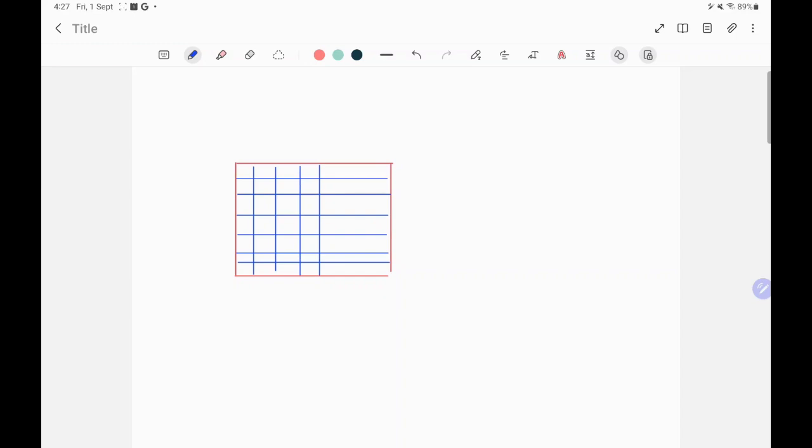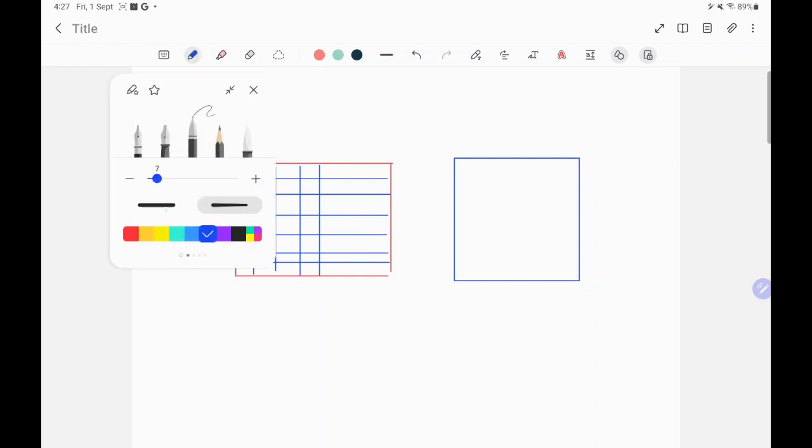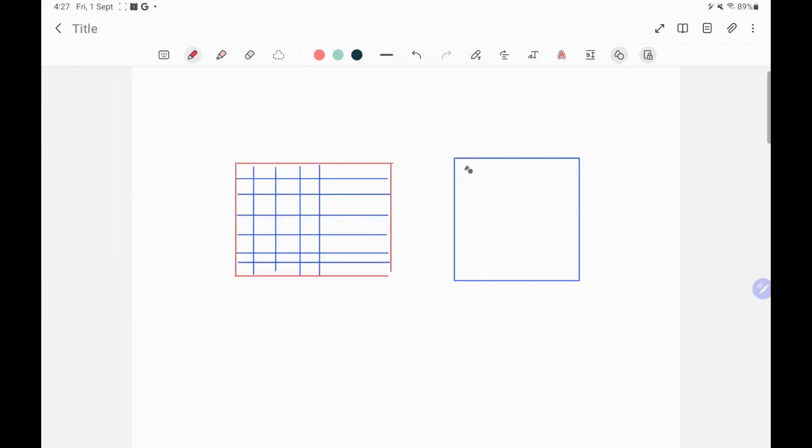Even otherwise there can be a shape like this, and you can divide it like this.